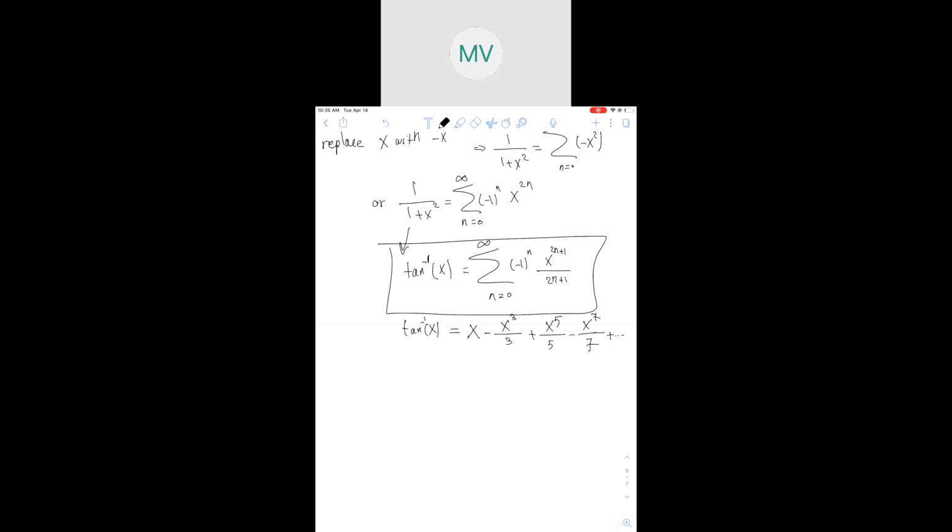Now remember I said power series are used for approximation, especially for the approximation of irrational numbers. Here's an example.